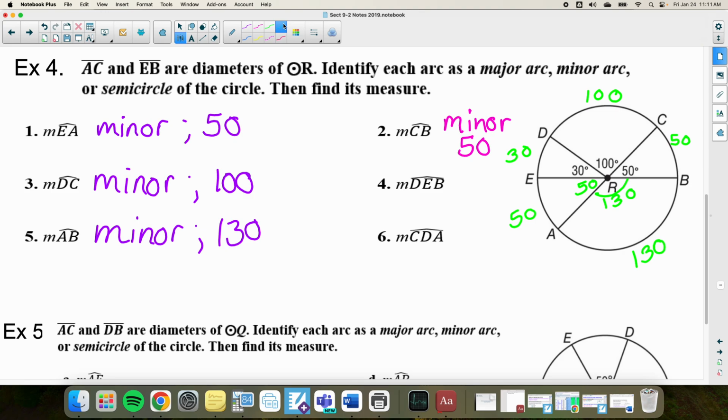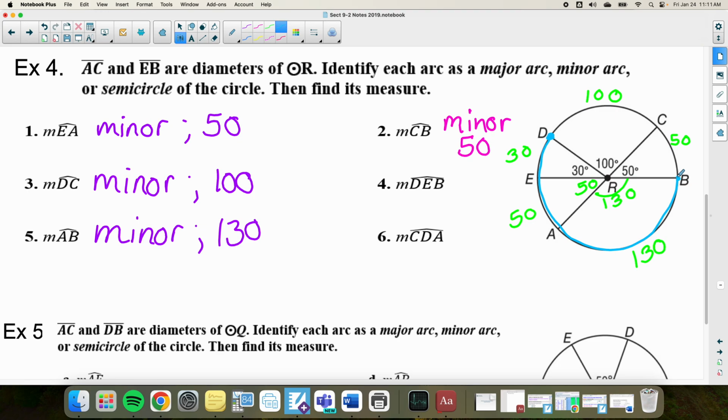Now this next one they're asking us for is DEB, okay? When it's DEB, you're gonna start at D. You have to go in the direction that you're gonna touch E, so that's this direction, and then you go until you get to B. So DEB. Is that one less than 180, greater than 180, or equal to 180?